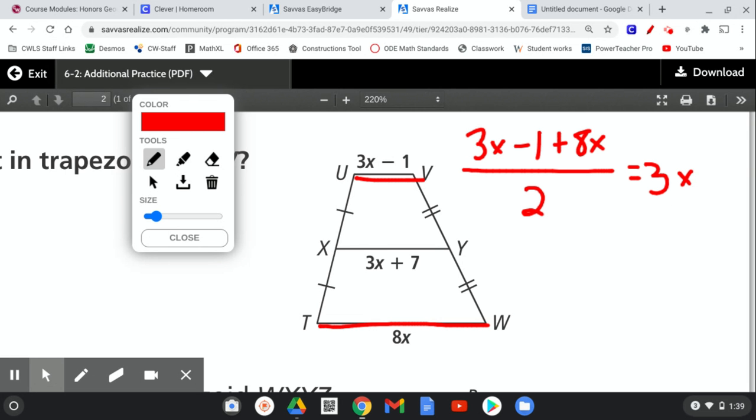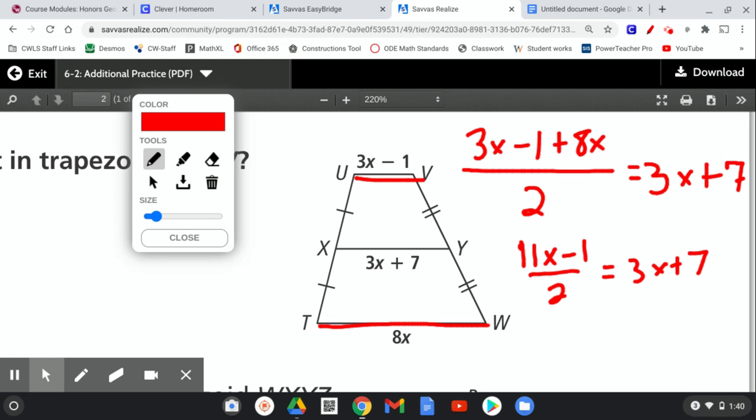So we use the definition: we add the bases, divide them by 2, and that equals the mid-segment. So 3x plus 8x gives us 11x minus 1, divided by 2, equals 3x plus 7.